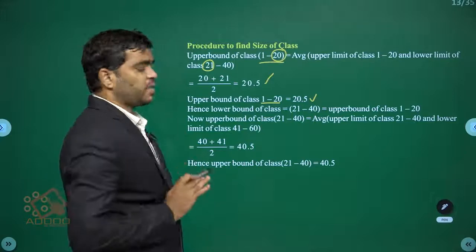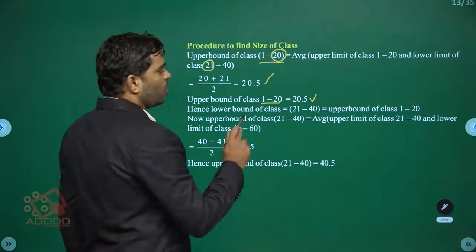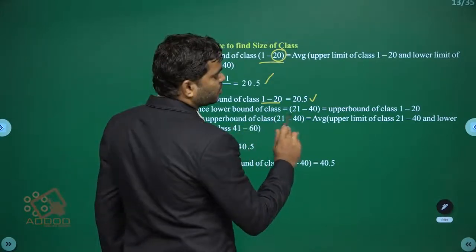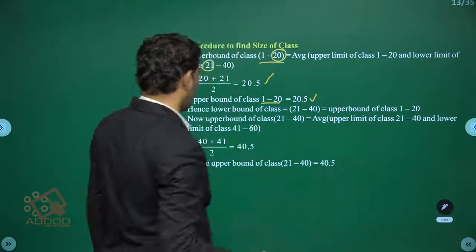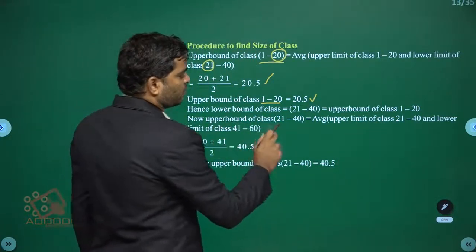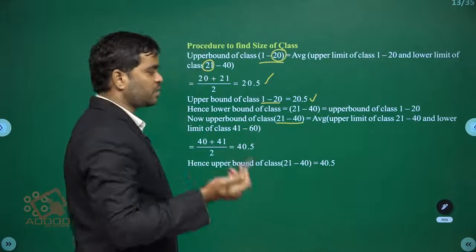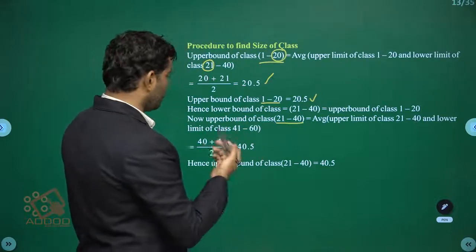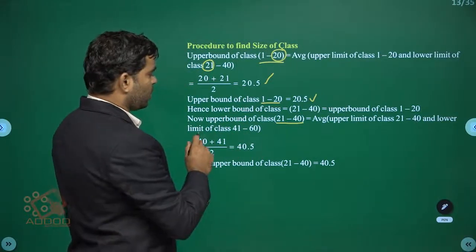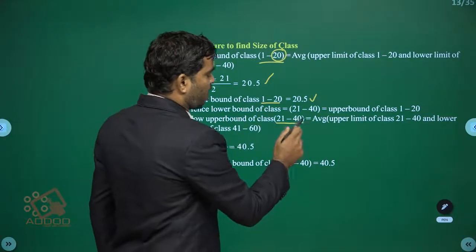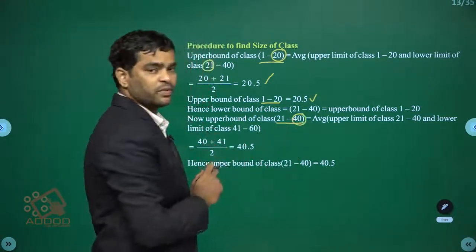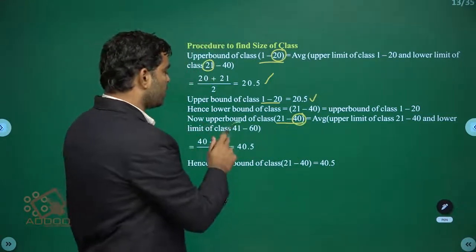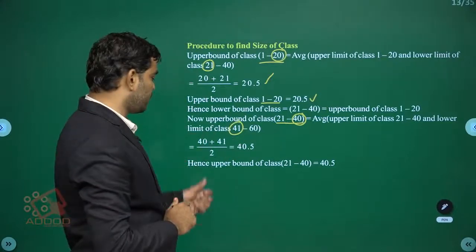Now let us find the lower bound. Lower bound means, for example, 1 to 20 is a class interval and 21 to 40 is another class interval. How do we find those boundaries? The upper limit of the first interval is 40, and the lower limit of the second interval is 41.